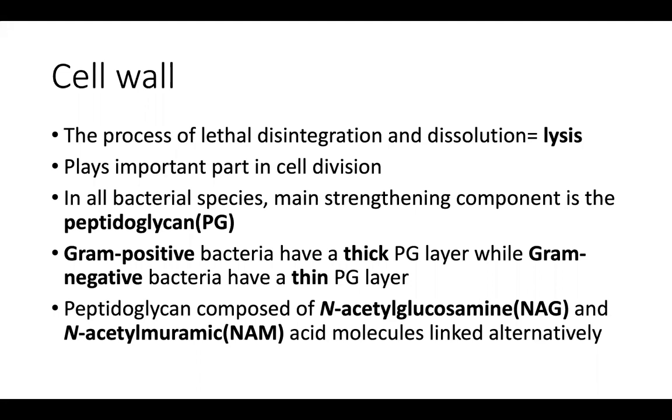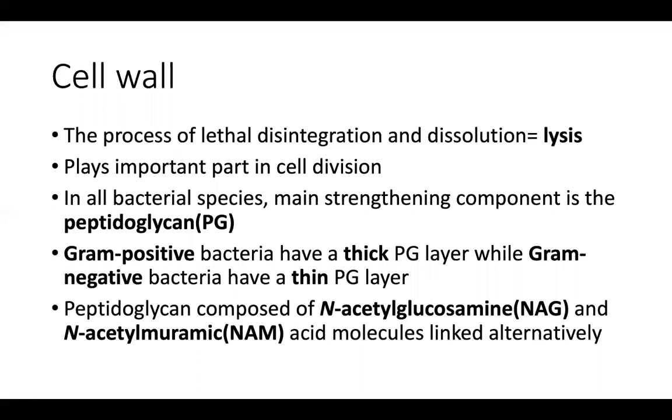Now, based on one of the common staining techniques, we shall look at staining techniques at the tail end of this lecture, you can divide bacteria into gram-positive or gram-negative bacteria, depending on how they appear after you carry out the gram staining technique. So the gram-positive bacteria have a thick peptidoglycan layer, while gram-negative bacteria have a thin peptidoglycan layer.